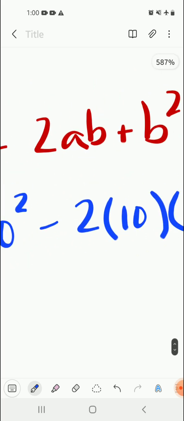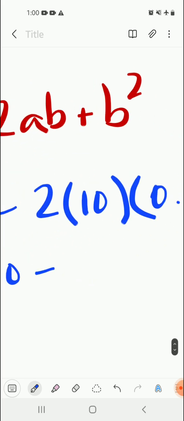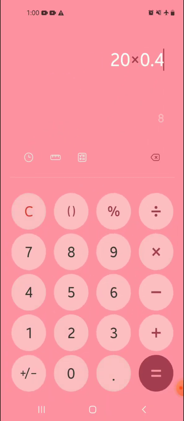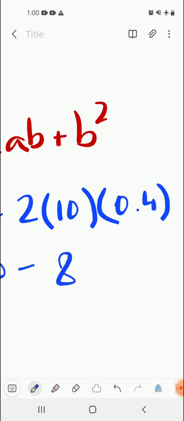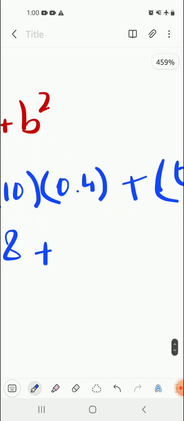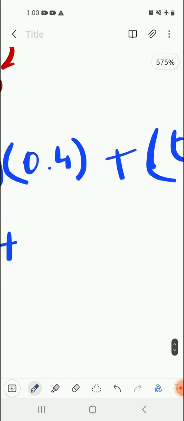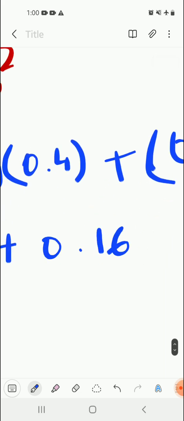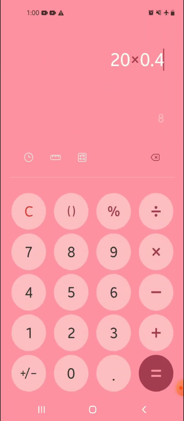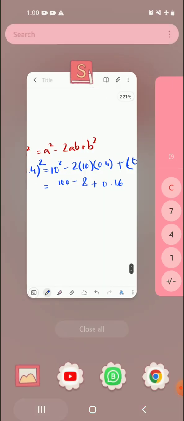So 10 square is 100 minus 2 into 10 is 20 into 0.4. So 20 into 0.4 is 8, plus 0.4 into 0.4, that is 0.16. So 100 minus 8 plus 0.16, that is 92.16.